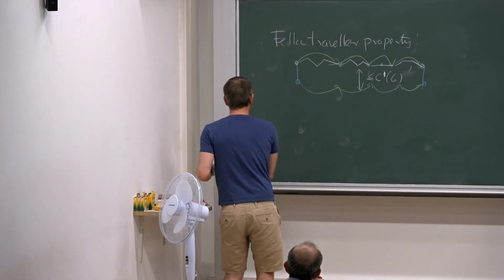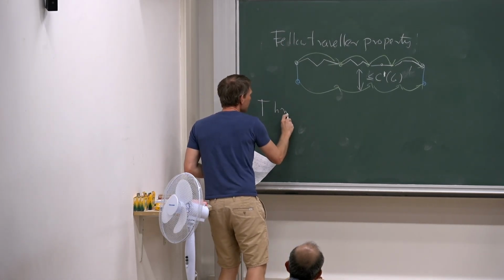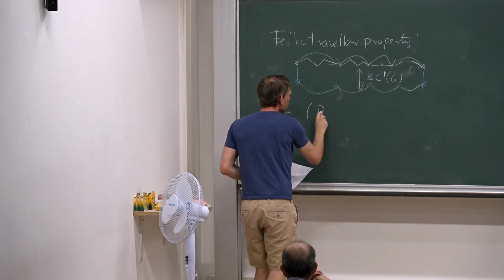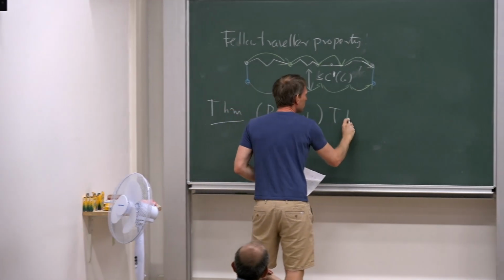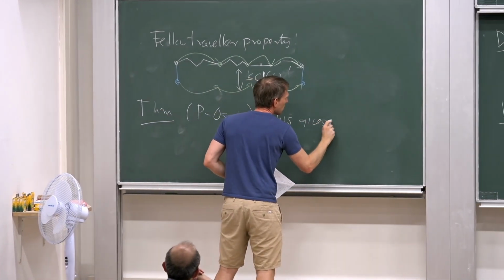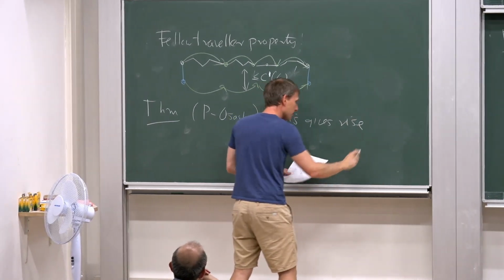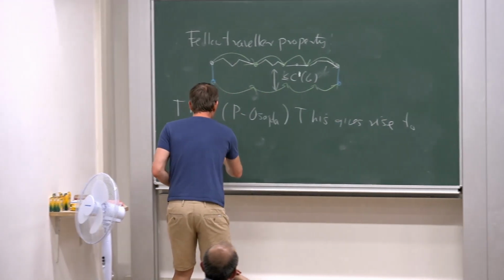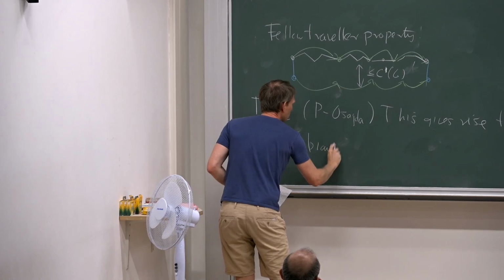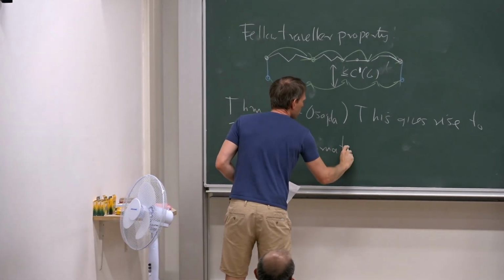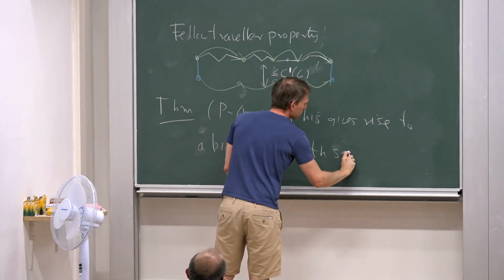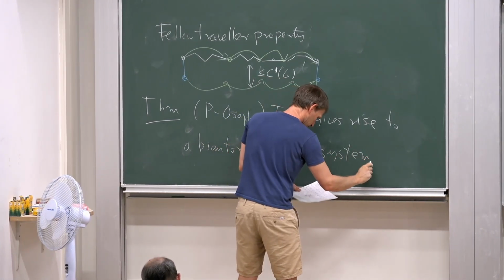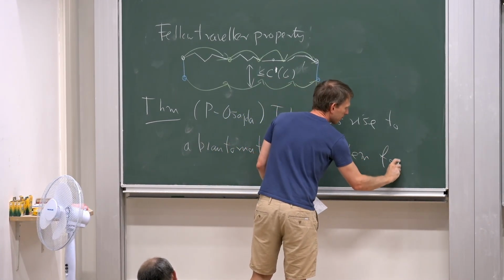So maybe let me at least write one sentence from this discussion. The theorem that we proved with Damian is that this gives rise to a biautomatic path system for the Coxeter group.